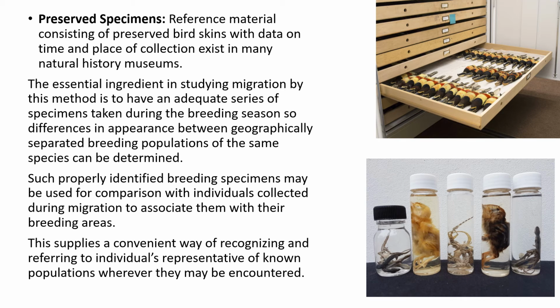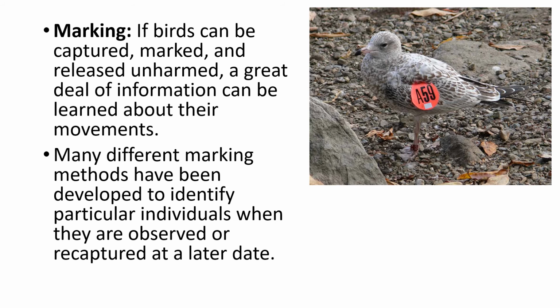But one of the major drawbacks of this method is you have to kill the bird and you have to store it. So that may not be a good technique of studying bird migration as far as the conservation of birds is concerned.